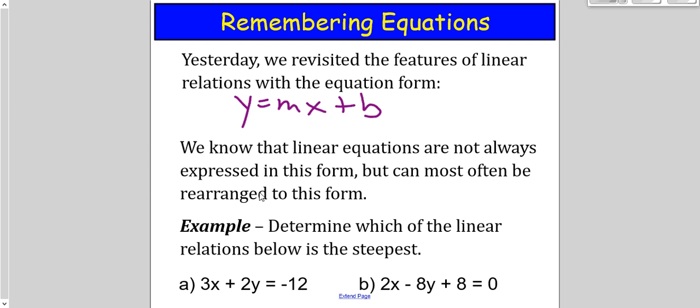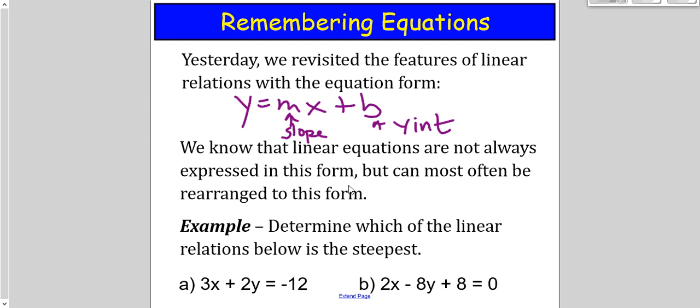We know that linear equations are not always expressed in this form, but can often be rearranged to it. We're not always given this lovely form, which is too bad, because we know that m represents our slope and b represents our y-intercept.